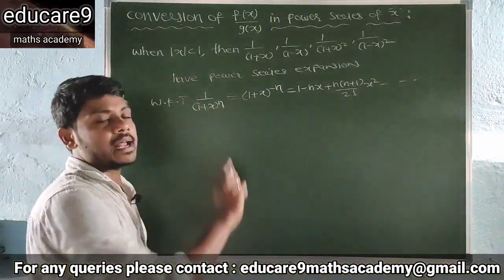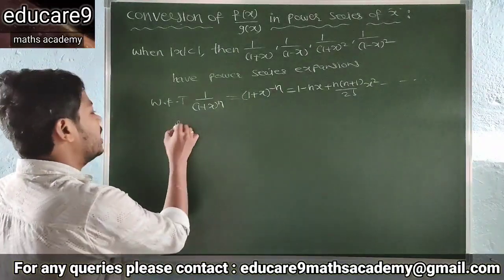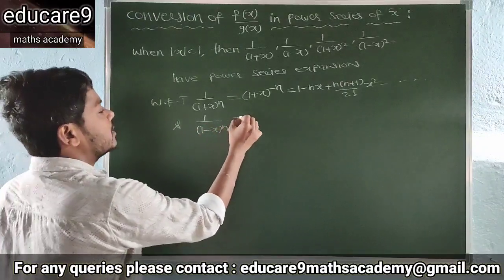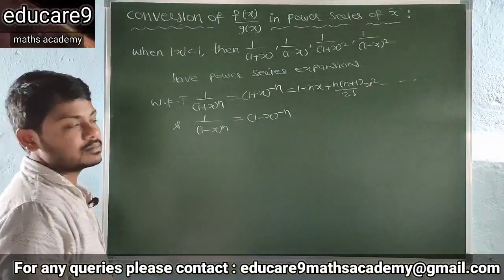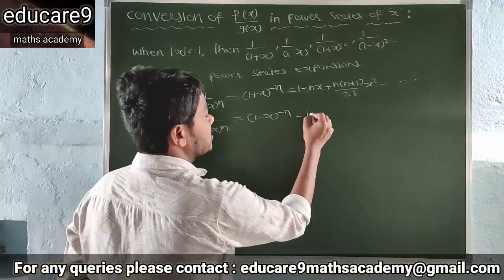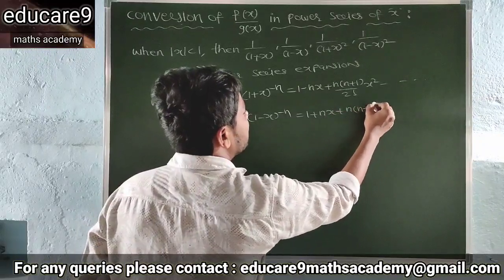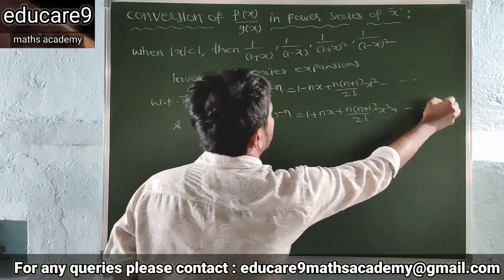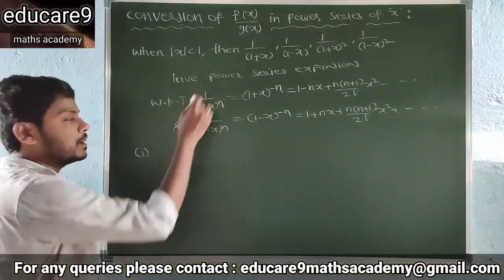Similarly, 1 by 1 minus x whole to the power of n is 1 minus x whole to the power of minus n, and its expansion is 1 plus nx plus n into n plus 1 by 2 factorial into x square and so on.